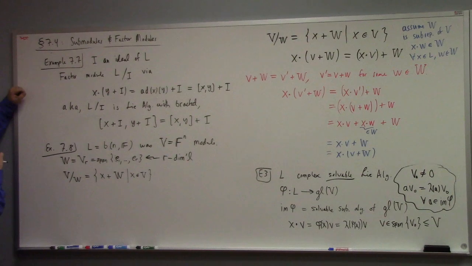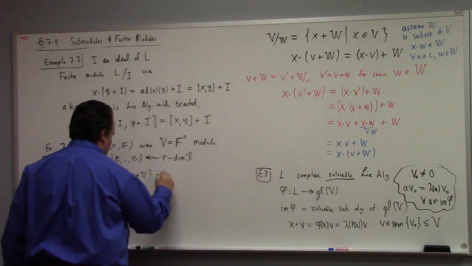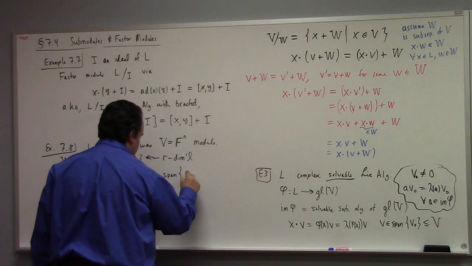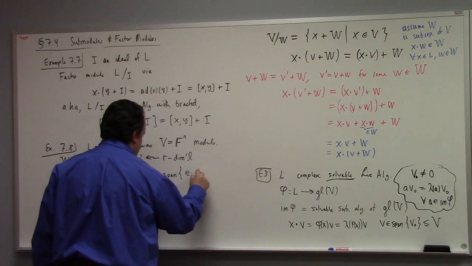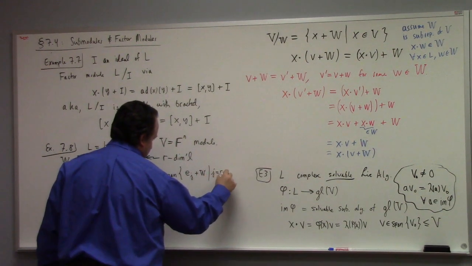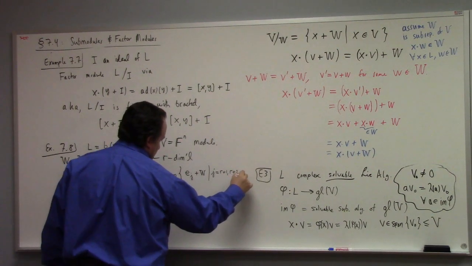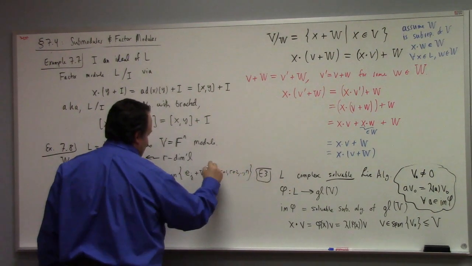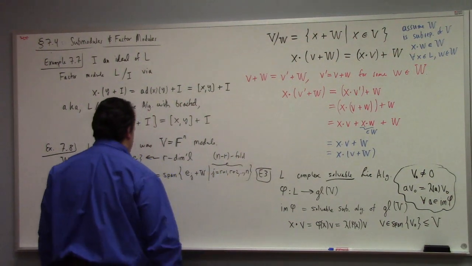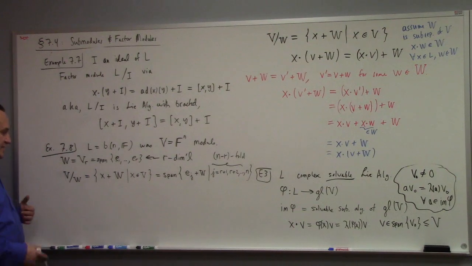All right? And in fact, the basis for this would just be what? There's a natural basis here. It's just the span of Ej plus W such that j equals r plus 1, r plus 2, all the way out to n. Notice that there are n minus r of these, consistent with my claim that the dimension of the quotient space is n minus r.